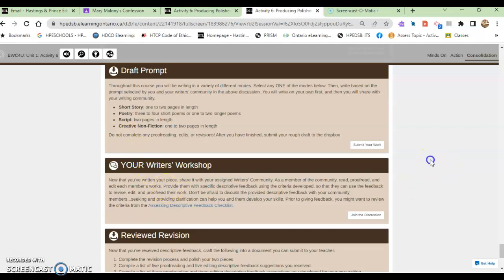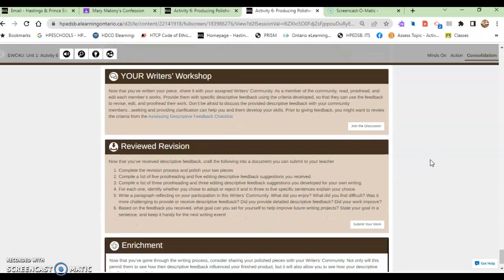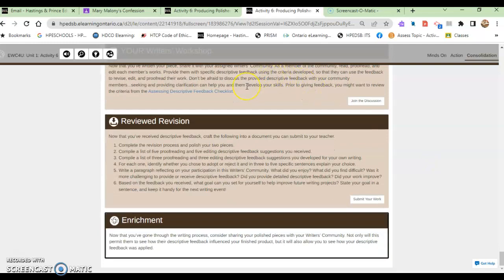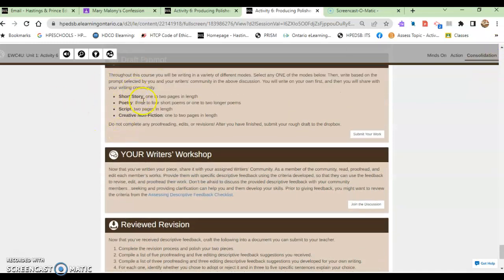So moving down, once we were moving through and figuring out what we were writing, we had done a review revision, and it was an opportunity in which you could post your mode of writing. So one of these 4, right? Everyone had the opportunity to post it where you could get feedback.